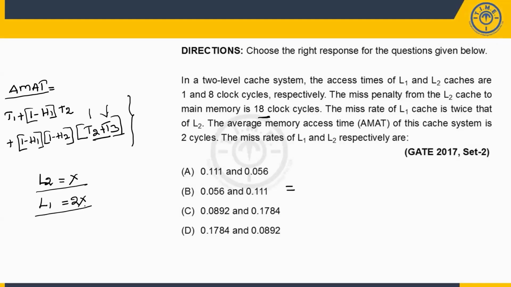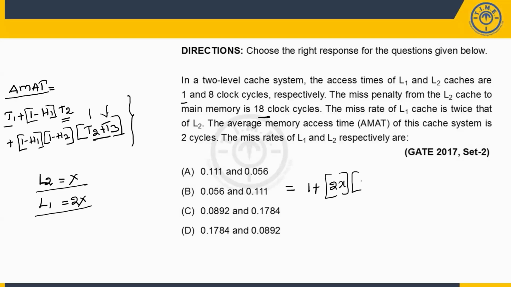Now I can substitute the values. What is T1 here? T1 is the access time of L1 cache, that is 1, plus (1 minus H1). What is 1 minus H1? It is the miss rate of L1 cache, which is 2X, into T2.